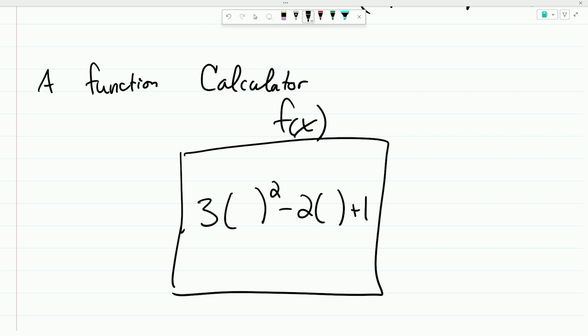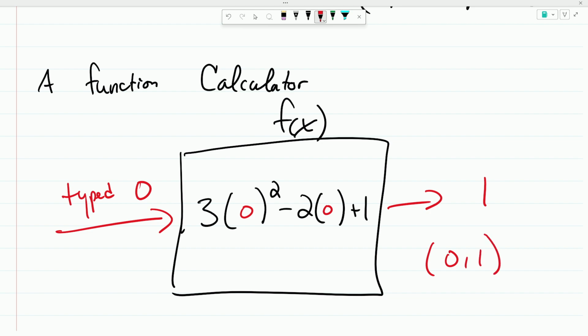That's the only thing it knows how to do. So if you came into this calculator and you typed in 0, then what the calculator does, and you can't see this because it does this within like the calculator CPU and all that stuff, is it substitutes zeros in there, it crunches the numbers, and it spits out positive 1.